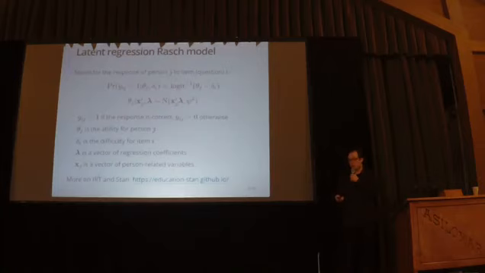The latent regression part of the model comes in the prior for theta, where it's assumed to be drawn from a normal distribution with a mean that depends on this regression prediction. So x is a vector of person-related covariates, and lambda is a vector of regression parameters. Lastly, we also estimate the standard deviation for theta.